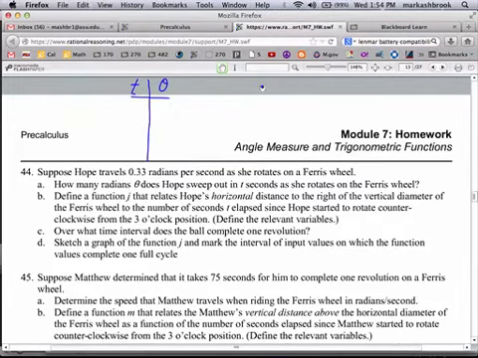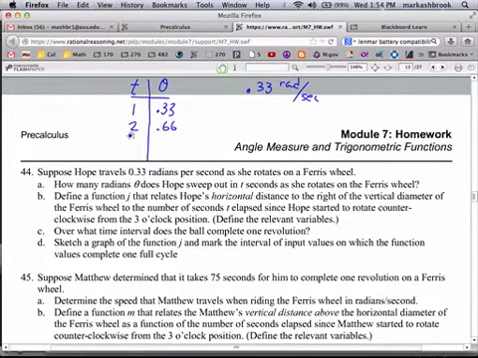So 0.33 radians per second. So just think about what that means. In 1 second, how many radians? Yeah, so it's saying every second you go 0.33 radians. So in 2 seconds, it's 0.66.